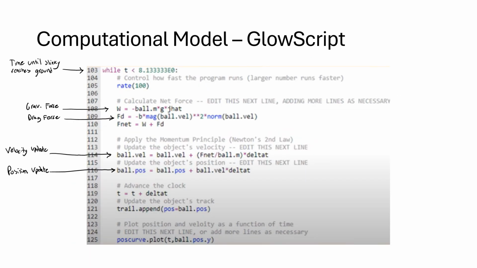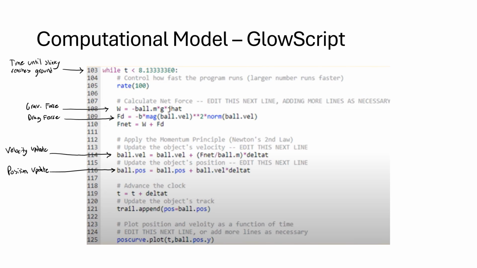So here's more of our computational model. We ran it as long as the time was less than 8.1333, because we kept that constant because of the video we had, and so we had to just make sure it was less than that because we didn't have the actual physics behind keeping it larger. So our W is calculating the force behind the model. It was our potential force.